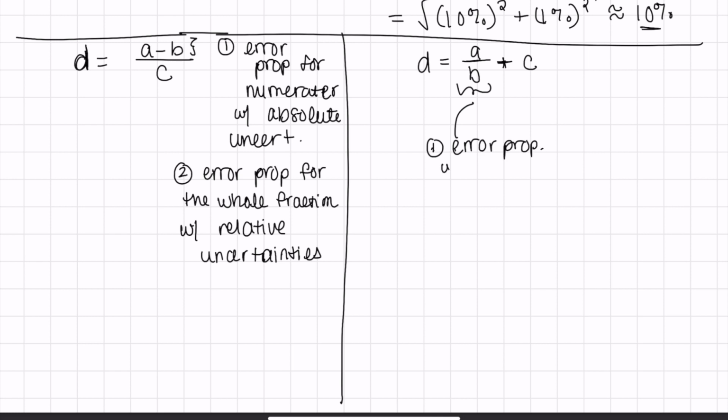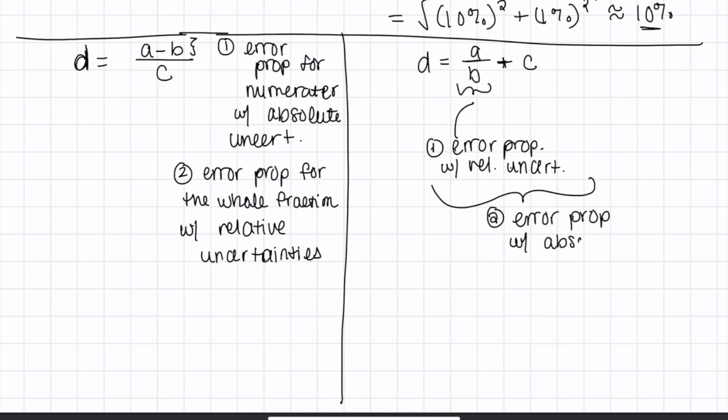Again, there's a step 1a and step 1b, where after you get the total relative uncertainty for that fraction, you have to convert it into an absolute uncertainty, so that you can do step 2, which is the error propagation of the addition operation, using absolute uncertainty. So just make sure you remember to do that conversion before you substitute in and use those.